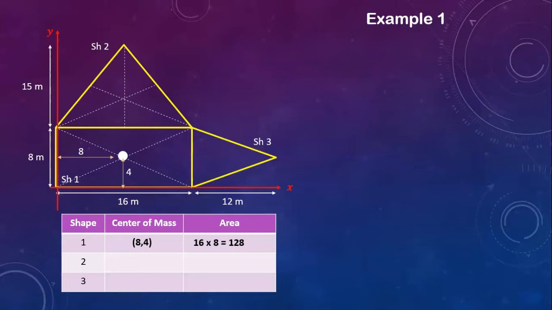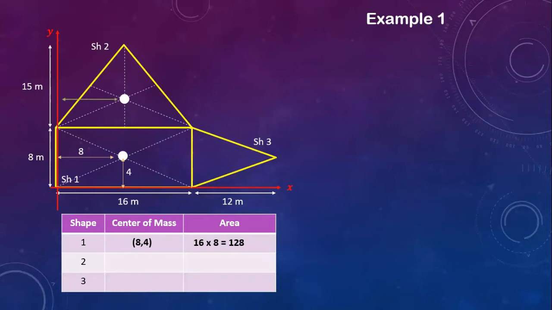The intersection point of these 3 lines is the center of mass of this triangle. That's very easy, everyone.